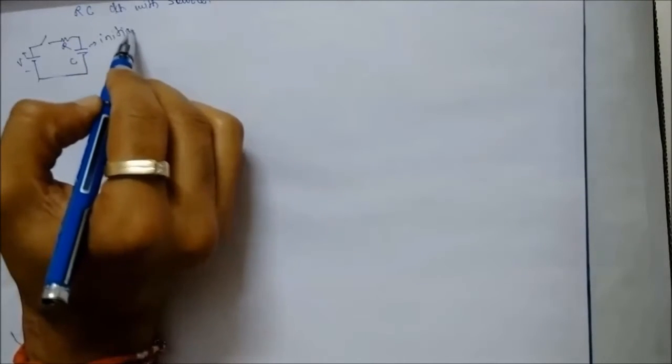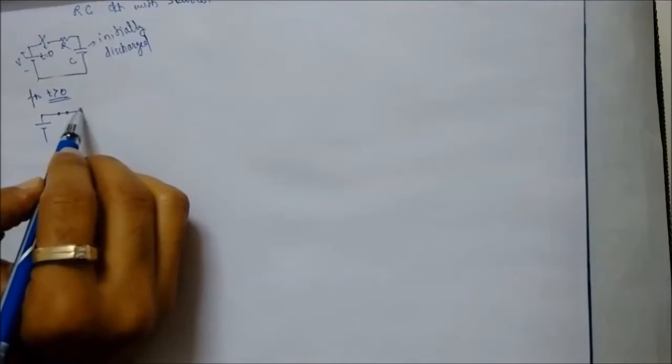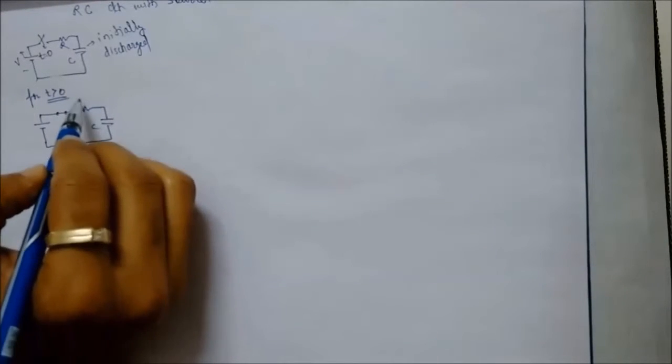Let's say voltage V is applied across R and C, and C is initially discharged, and the switch is closed at t equal to 0. Now for t greater than 0, the switch will be closed, and let's say i(t) is the current flowing through the circuit.